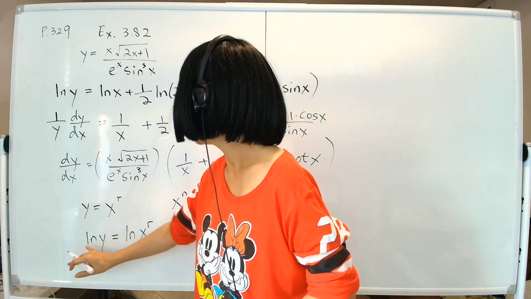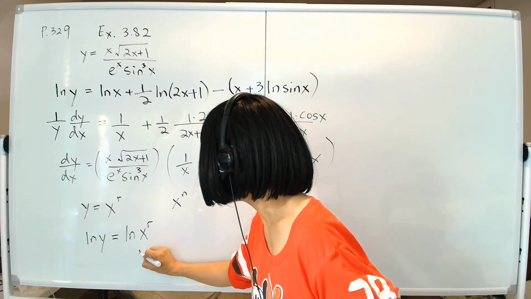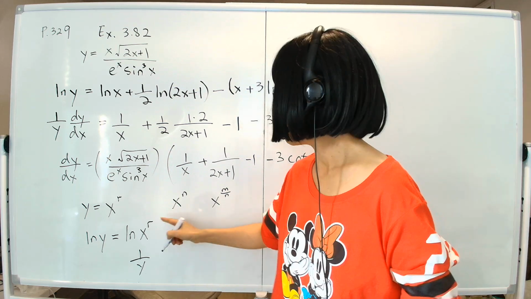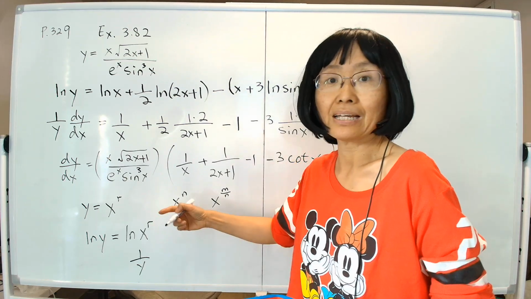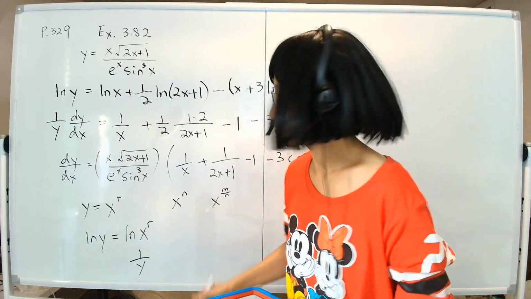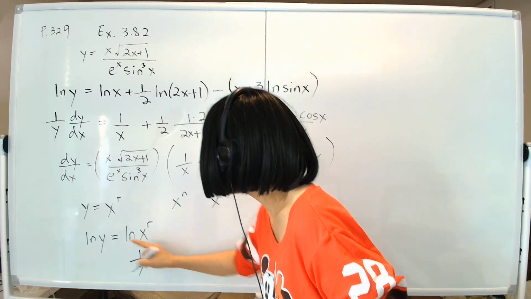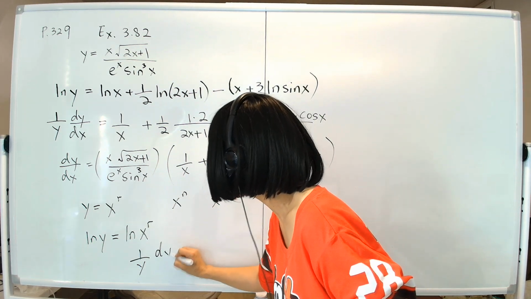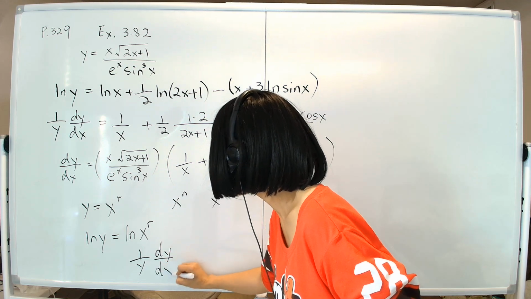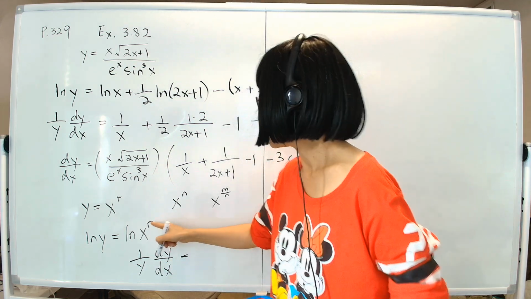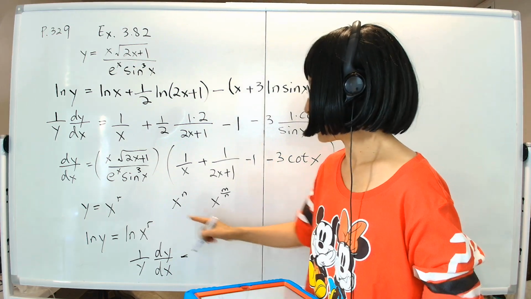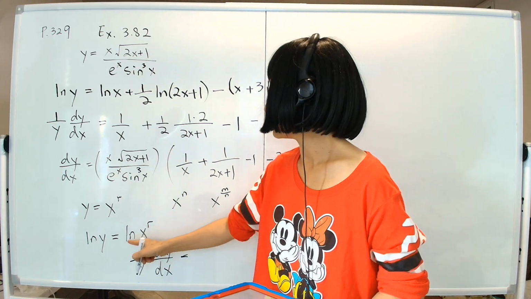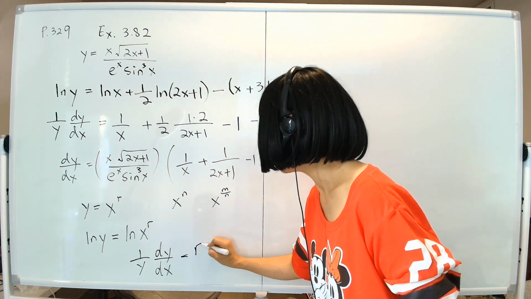All right, so then the derivative of this is 1 over y. We're taking the derivative with respect to x. Remember, r is just some number, okay, any number, like pi or something. But anyway, the derivative of natural log of y is 1 over y dy by dx equals, being that that's just a number, by the rules of log, we can write the number in front, okay?